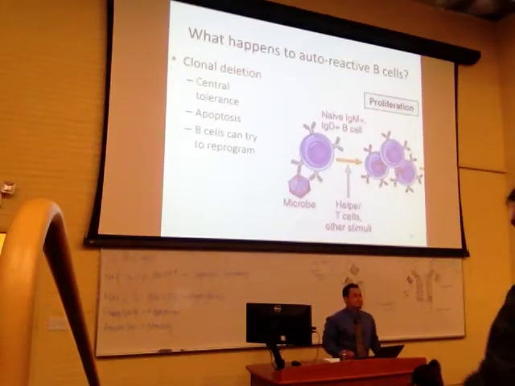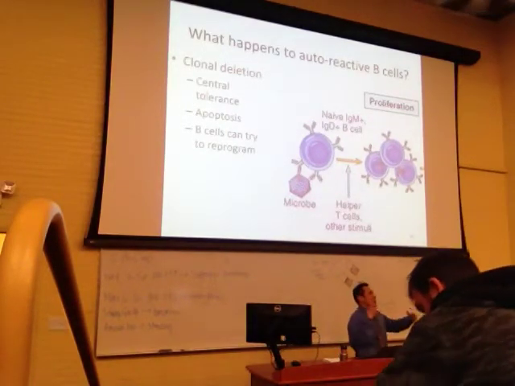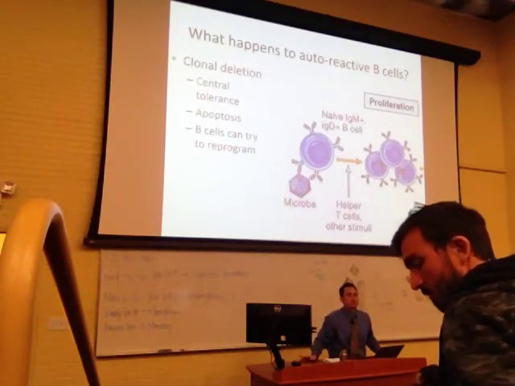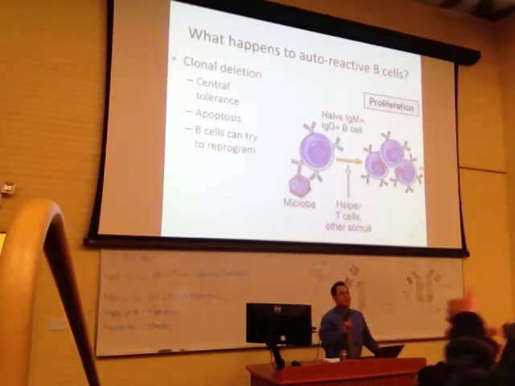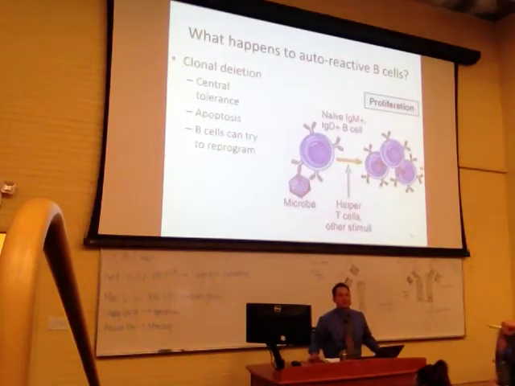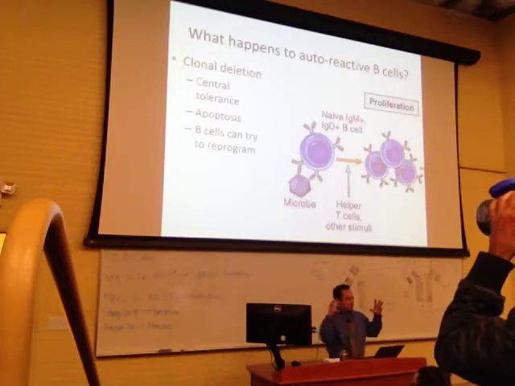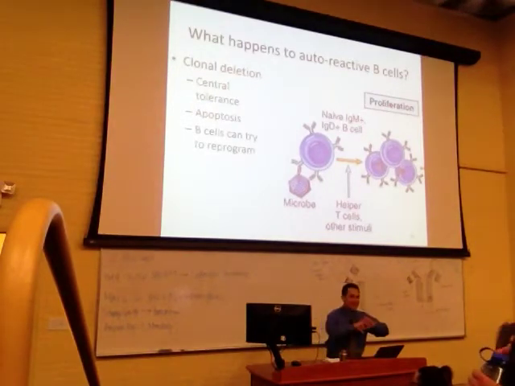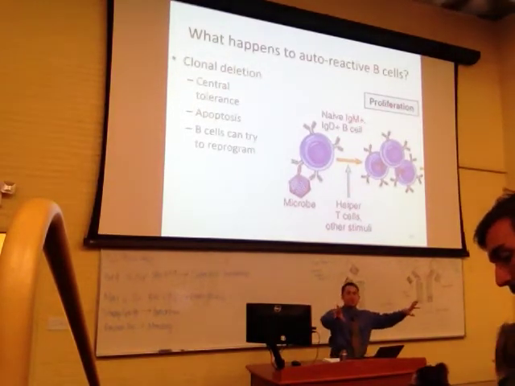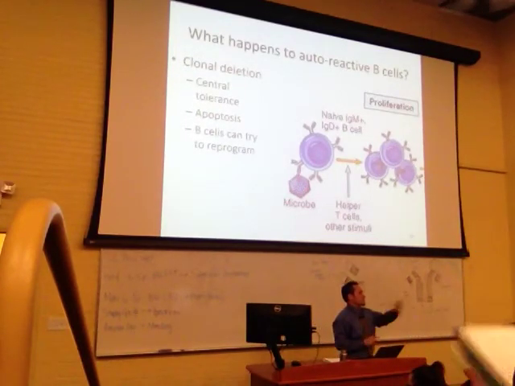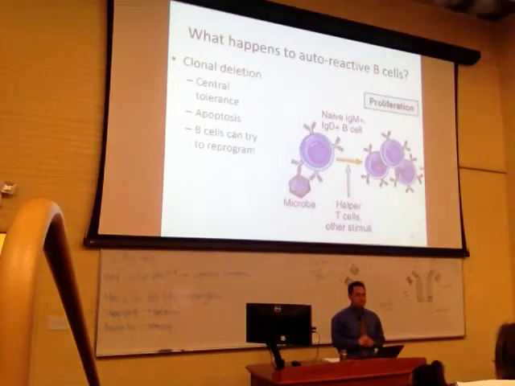By making all these different creative versions through clonal diversity, inevitably I'm going to make some that are self-reactive. But I don't care, because I'd rather get as many variations as possible, and then have some programs in place to get rid of the ones that are self-reactive.